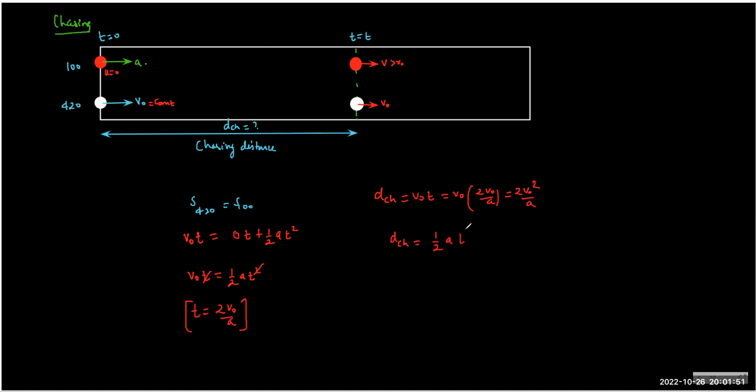Half a times 2 v naught by a whole squared, which is 4 v naught squared by a squared, times a by 2, which is 2 v naught squared by a. So to catch the thief, the chasing distance turns out to be 2 v naught squared by a. Is this clear? Yes, sir. Okay.